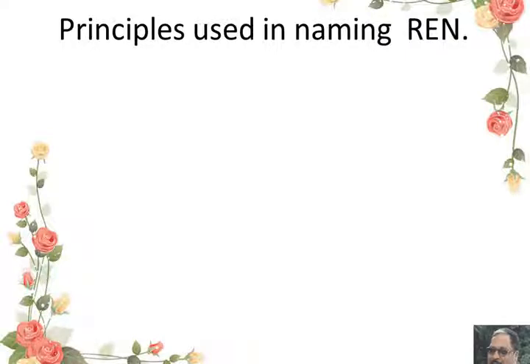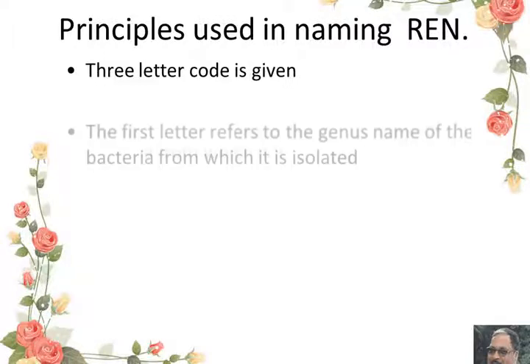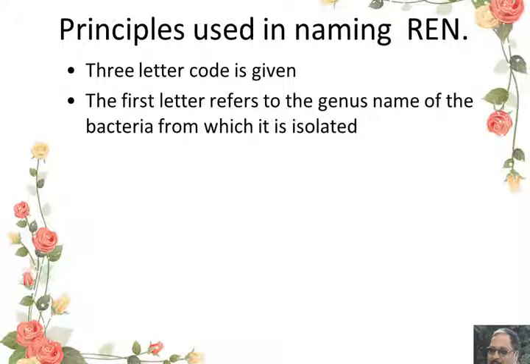Now, there are certain principles involved in the naming of restriction endonuclease enzymes. The restriction endonuclease enzyme is represented by a 3-letter code. The first letter refers to the genus name of the bacteria from which it is derived and is written in capital.